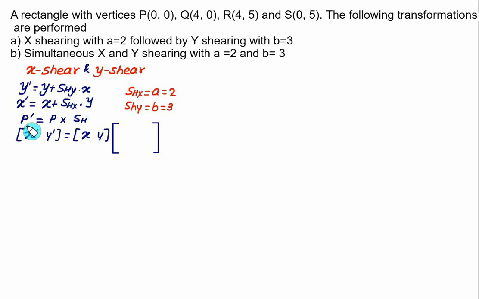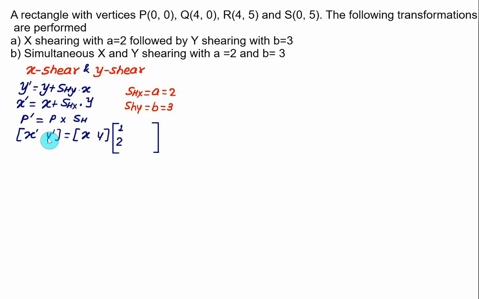So we have p prime is equal to p into the combined shearing along the x and y direction. P prime is same as x prime y prime. P is equal to xy. So we desire here x prime is equal to x, so we have to write here this value is equal to 1, and y is multiplied by shx, and shx is equal to 2.